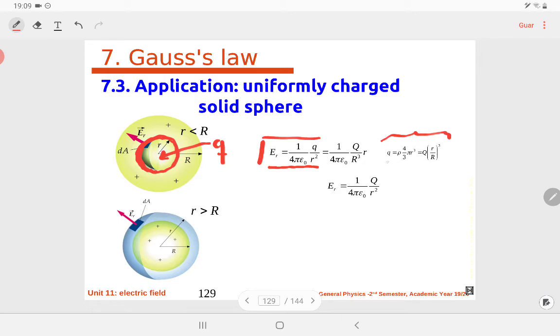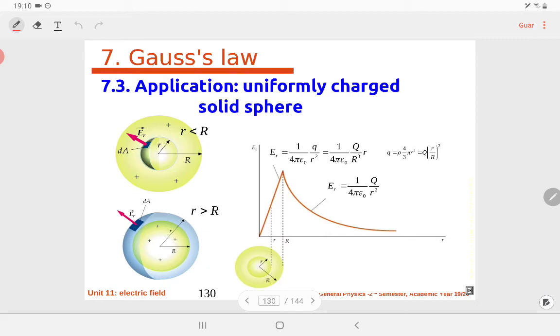And if you see here, the relationship is that q is dependent on small r. So if you put everything together and you express it as a function of big Q, you find out that the electric field inside the solid sphere varies proportionally to r.